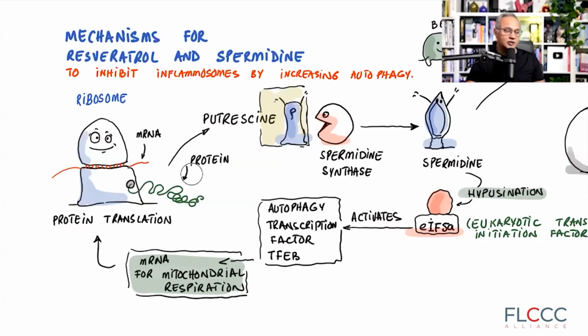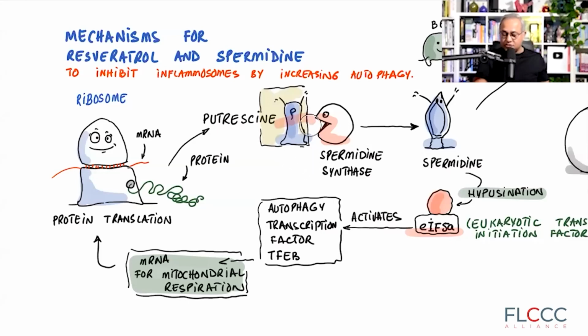We will call it protein translation. Then in this process of making proteins, there is a very important molecule that is formed. Of course, all proteins are formed in this process, but an important one that is formed is called putrescine. Putrescine is formed as part of the protein translation.